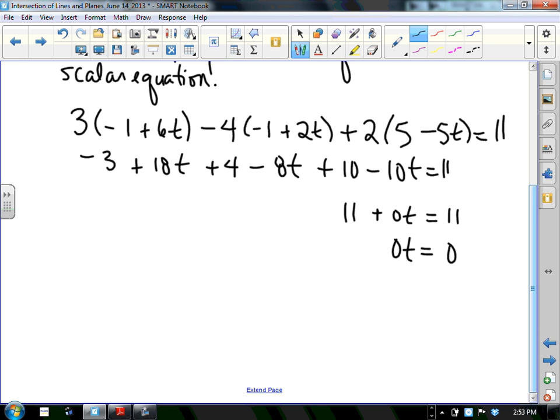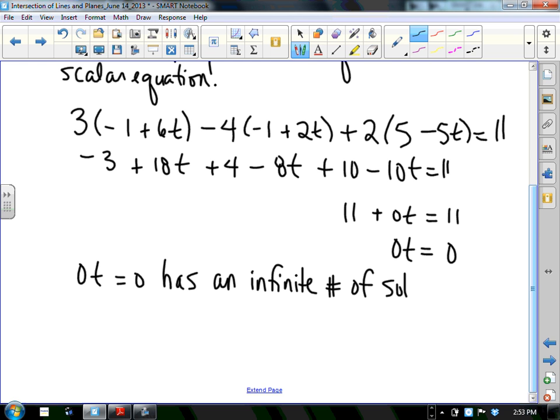From this, we should be able to take note of a specific relationship between the line and the plane. Notice that 0t equals 0 has many solutions, an infinite number of solutions.